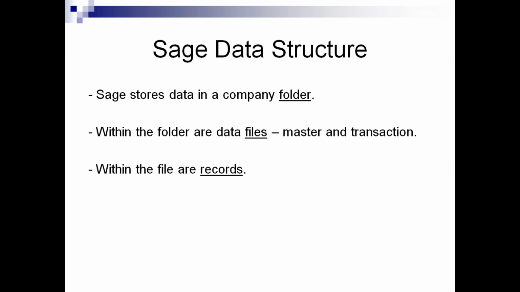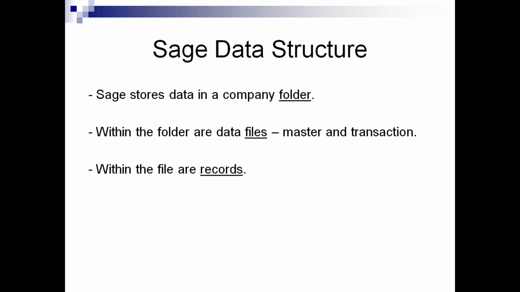We're looking at new, which is the unposted transactions, current, which are the posted, and history, which are the archived. So you're able to report on any transactions that you have entered into Sage using any of those 3 files.